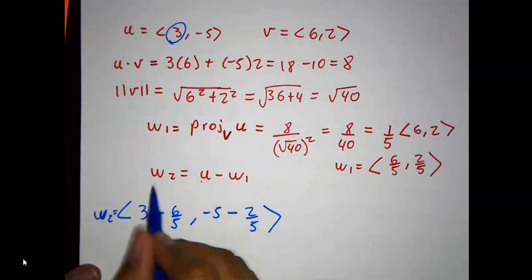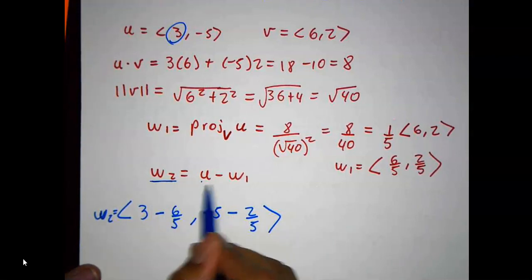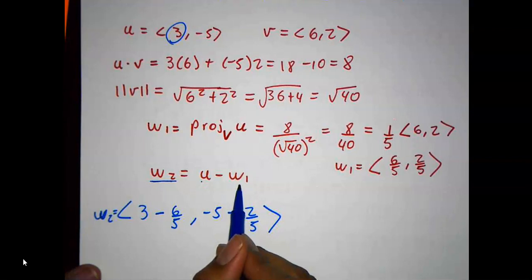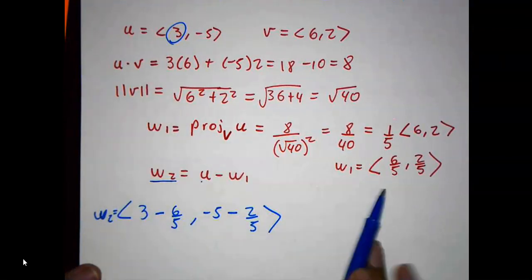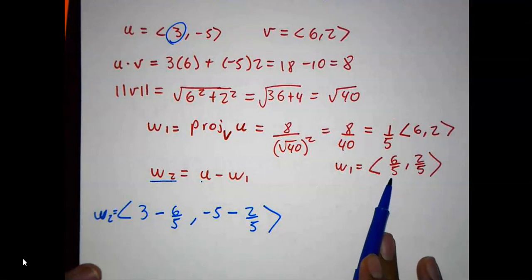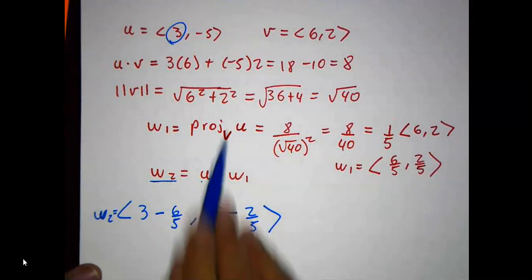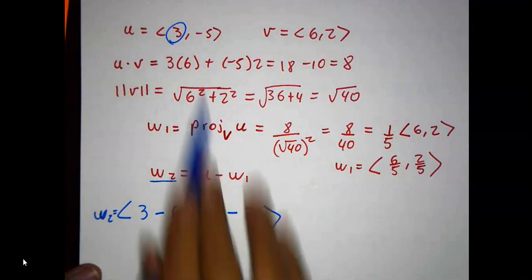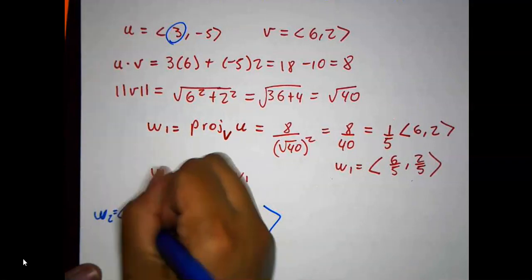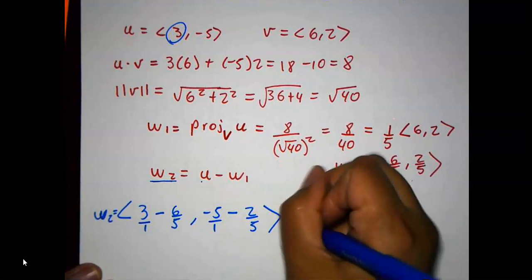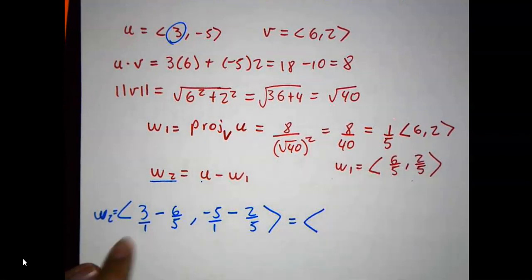Because right here, to find W2, we're going to do u minus W1. So we're going to do the x of u minus the x of W1, and then the y value, -5, minus the y of W1, which is 2/5. Common denominator is 5. So how do I convert that into 5?